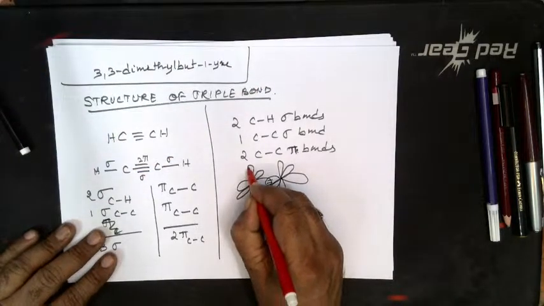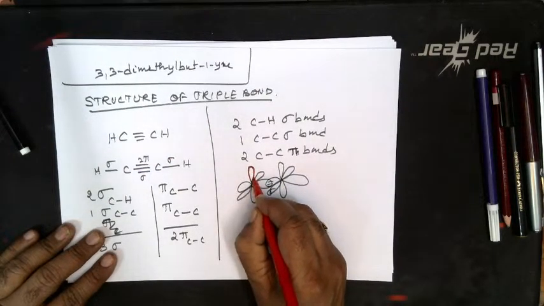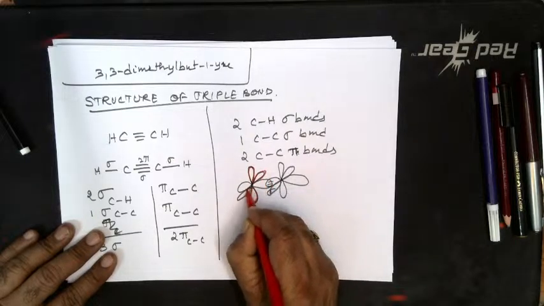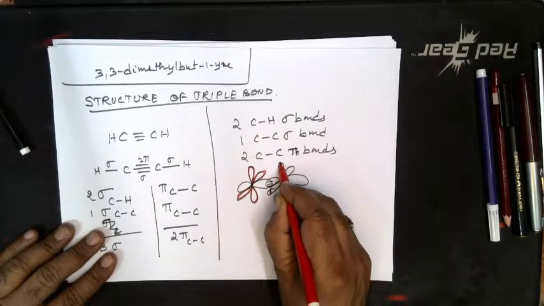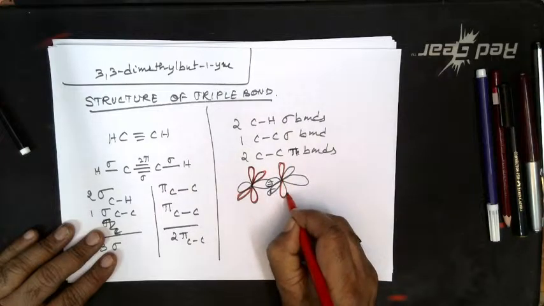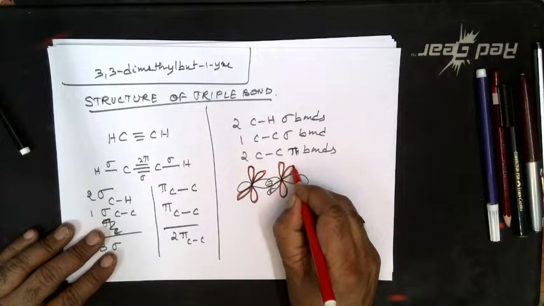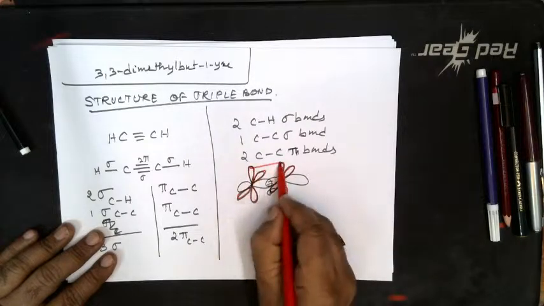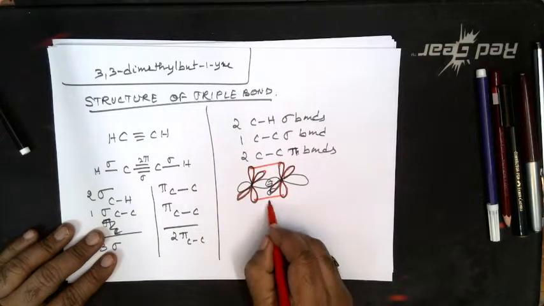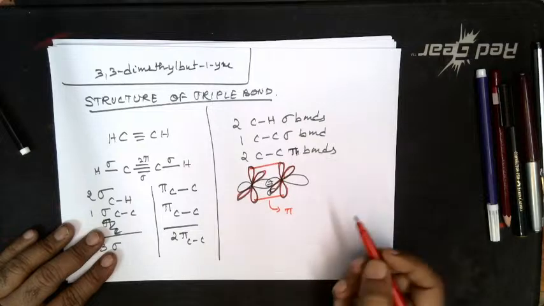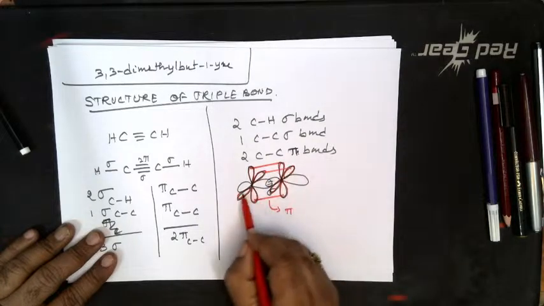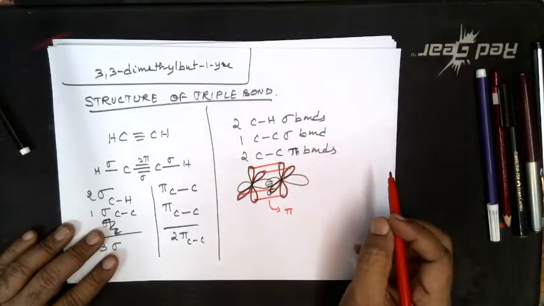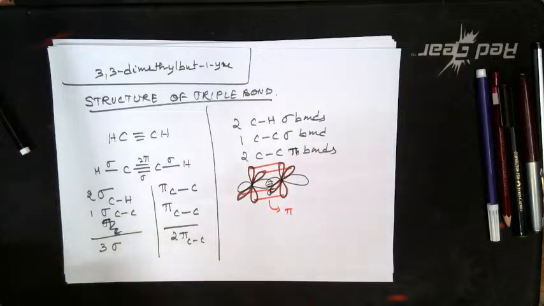So this is the one. The other set is here. Similarly, you have a p orbital. Now these two can combine sidewise, so this results in a pi bond. And another set can combine also. Are you able to follow this? Yes, sir.